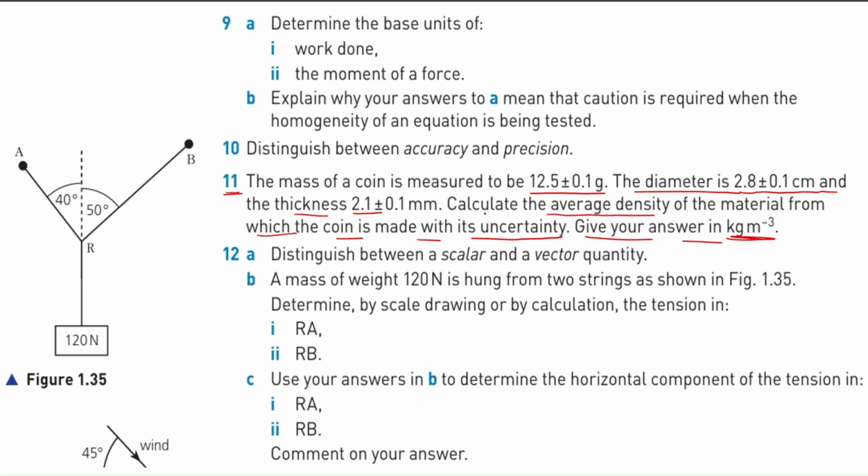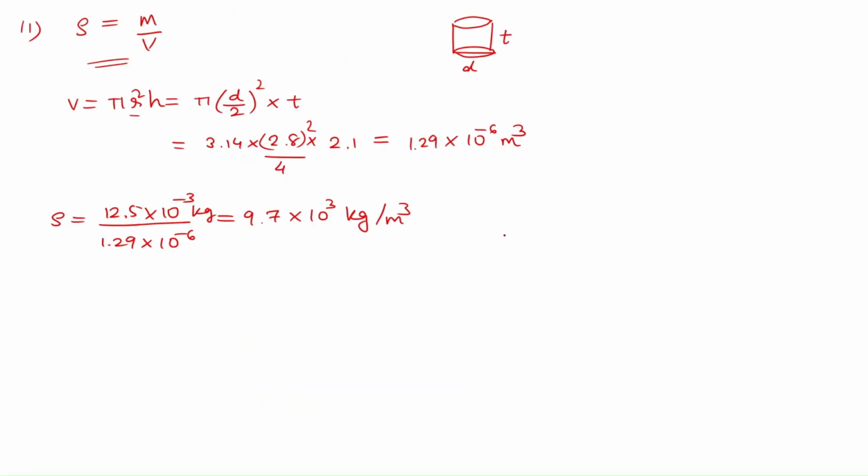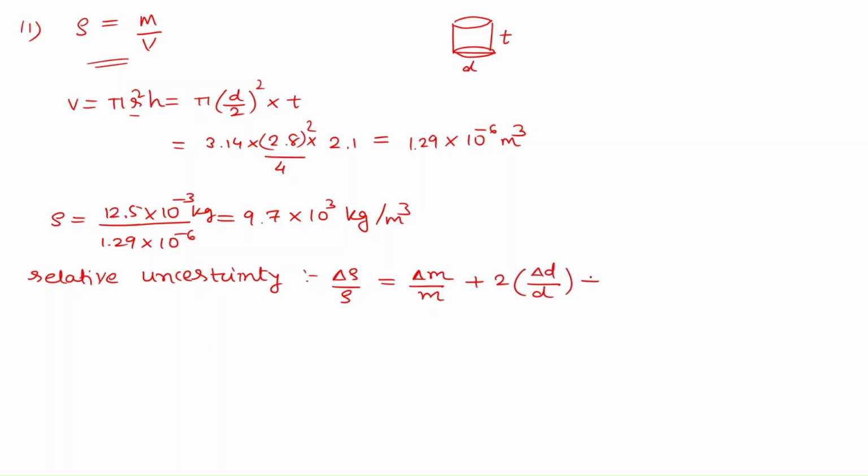So here we got the answer, but the coin is made with uncertainty, so we have to find uncertainty as well. To find relative uncertainty, we have a formula here: delta rho by rho equals delta m upon m plus 2 delta d by d plus delta t by t.